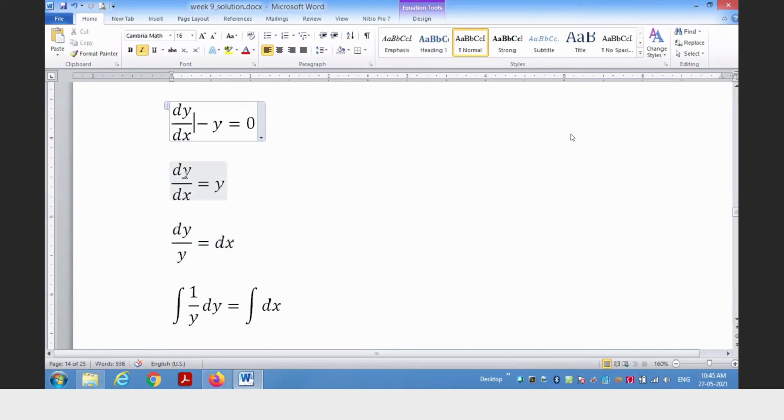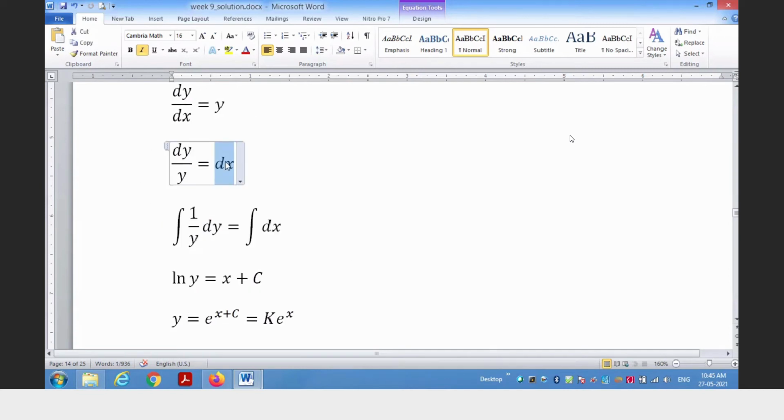So we have dy over y equal to dx, right? When we have dy here, it is free from x. When we have dx here, it is free from y. And then we integrate both sides. Integrating 1 over y dy, we get ln y. Integrating dx with respect to x, we have x plus c.